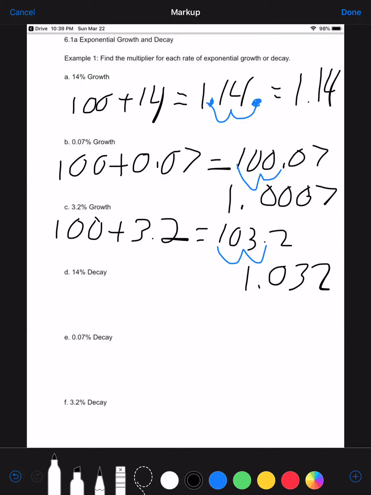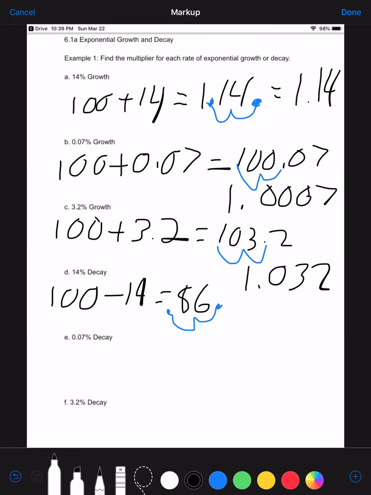Now rate of decay. We added with growth, now we're going to subtract because we're doing decay. So, still starting with 100, so 100 minus 14. So now we're going to get 86. Again, we're still going to move that decimal point.